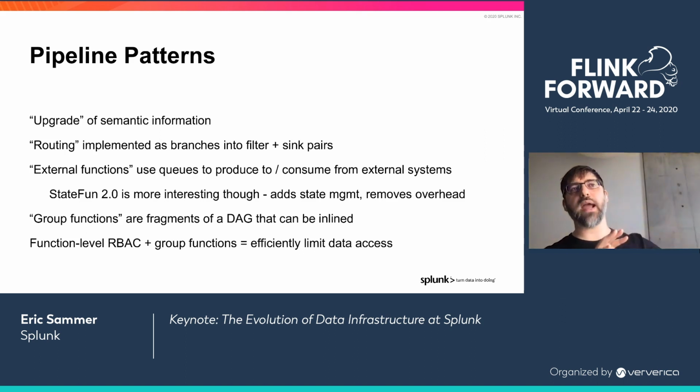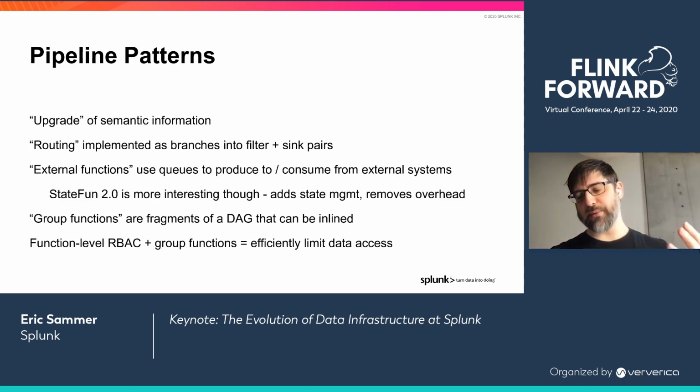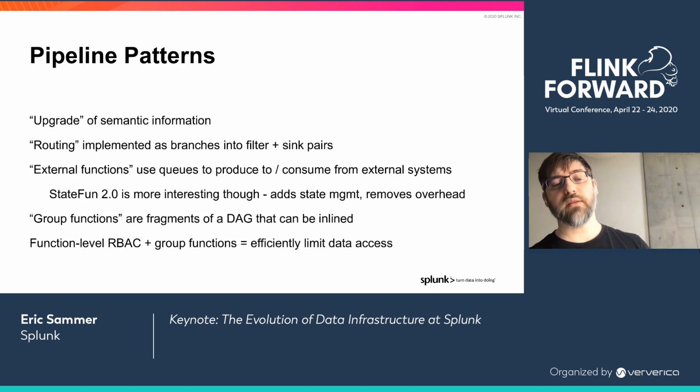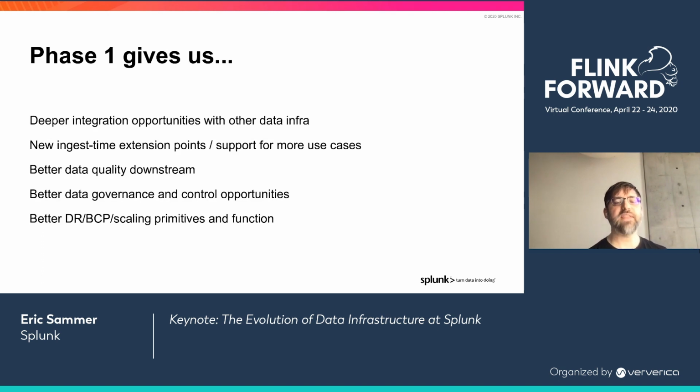But if you take away access from the Firehose and grant access to this group function that filters out certain information, and only allow people to use that in their pipelines, now you have what amounts to an efficient view over the stream that guards against access. So at the end of phase one, having done a bunch of this stuff, what we wind up with is deeper integration opportunities, ingest-time extension points, and support for additional use cases.